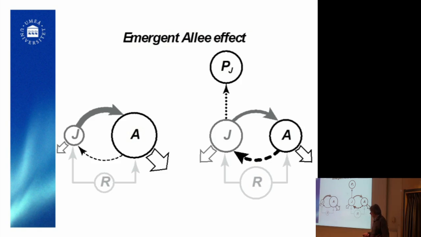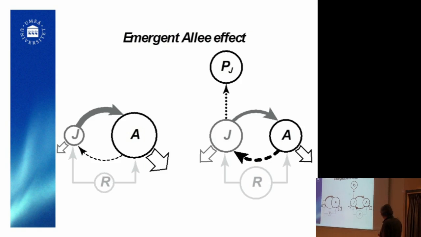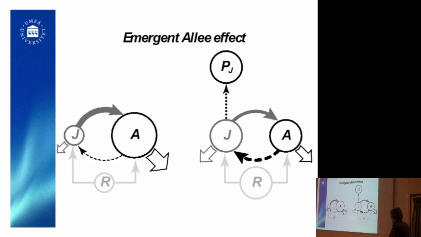This emergent Allee effect is related to the fact that such a system can show two alternative stable equilibria. Because if we look at this system and imagine a predator feeding on the juveniles, we have very few juvenile biomass in this system. So the predator may not be able to invade this system.